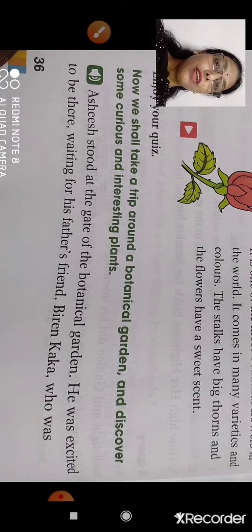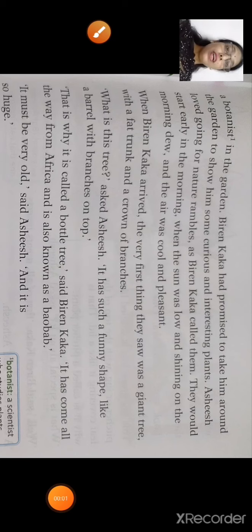Biren Kaka, who was a botanist in the garden. Biren Kaka had promised to take him around the garden to show him some curious and interesting plants. What promise did Biren Kaka make to Ashish? That he will be taking him around, showing him very interesting plants.